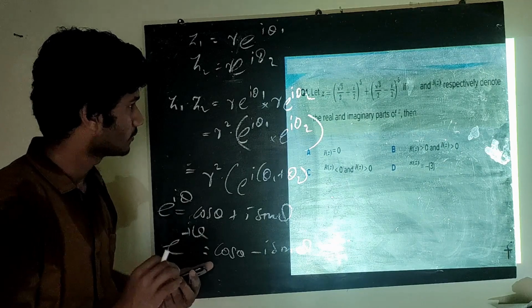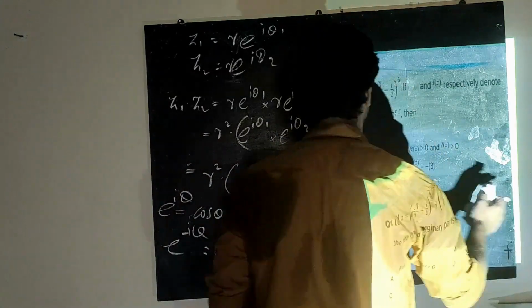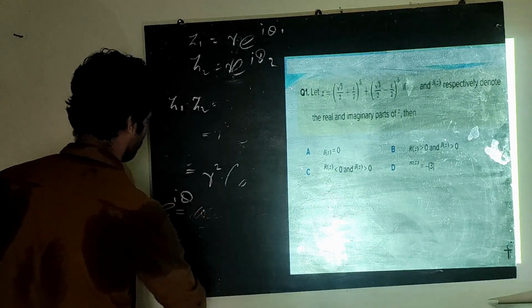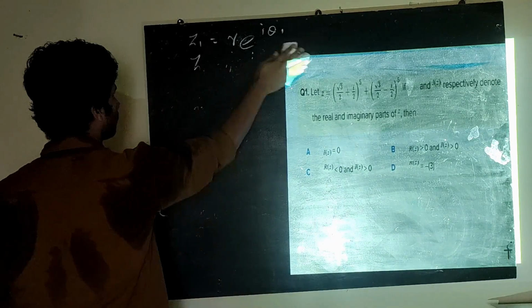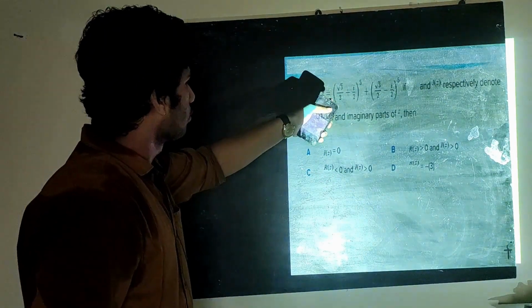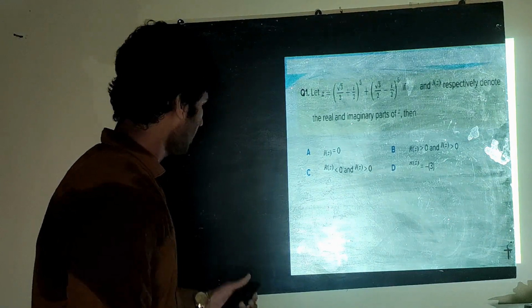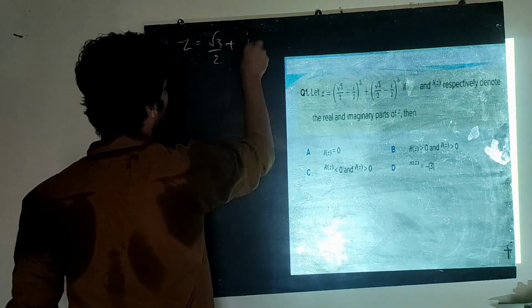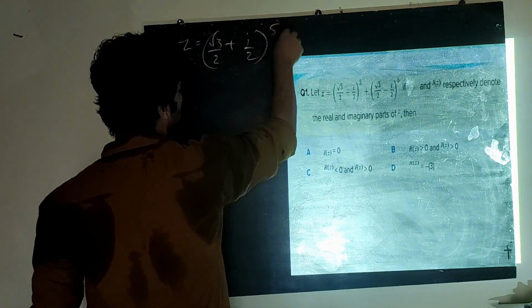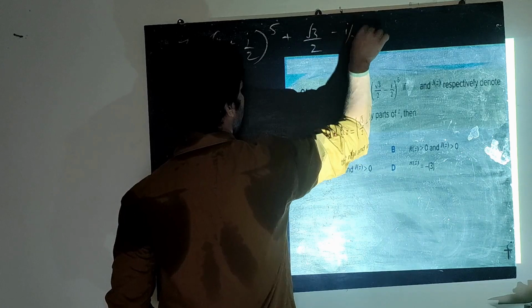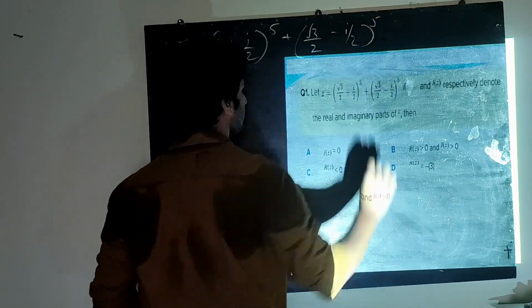Yeah, this question. So the question says, Z is equal to root 3 by 2 plus I by 2 raised to 5, plus root 3 by 2 minus I by 2, again raised to 5.